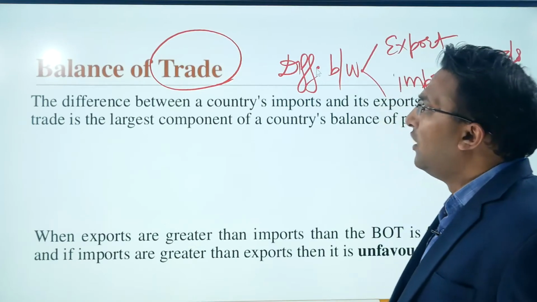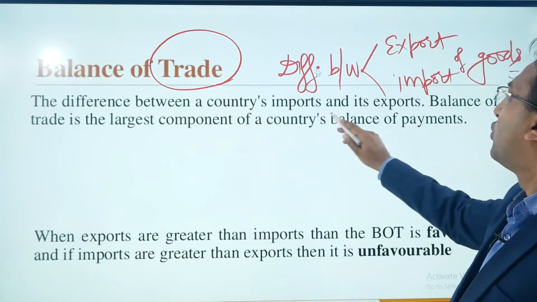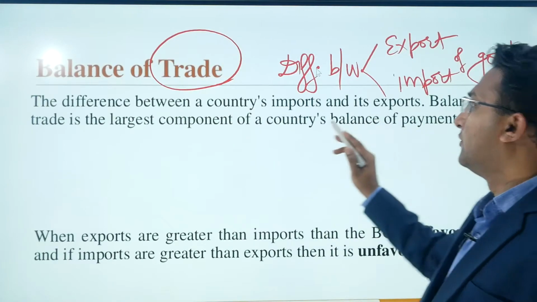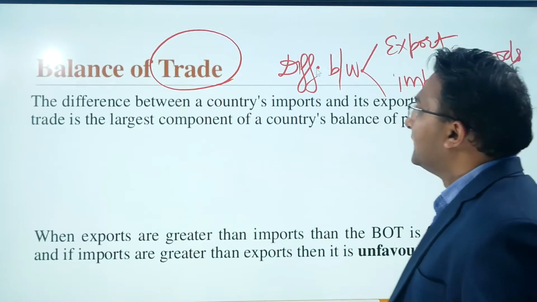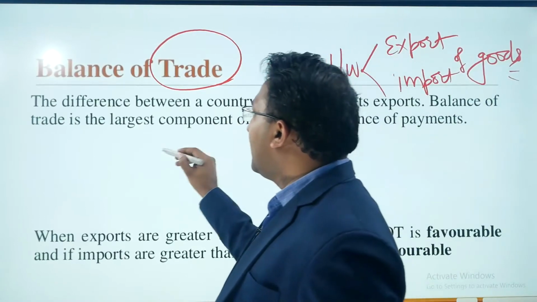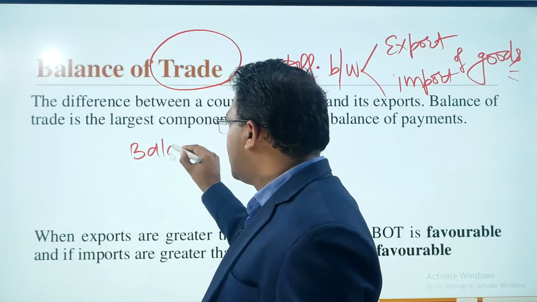This difference is called balance of trade. It is the difference between a country's imports and its exports. Balance of trade is the largest component of a country's balance of payment, right? This balance of trade is also called the balance of merchandise trade.